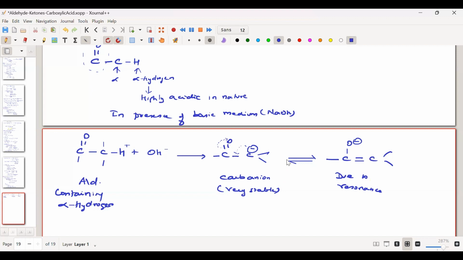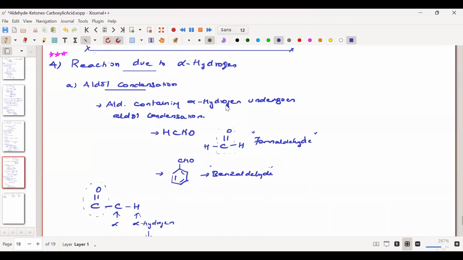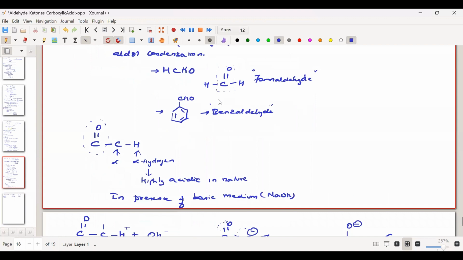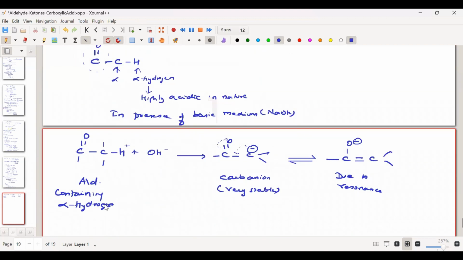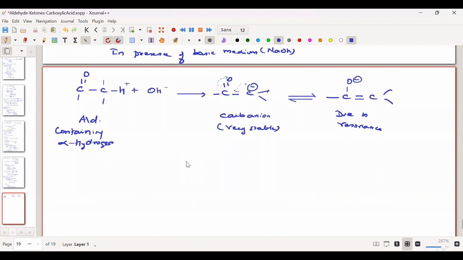We have not got into the reaction yet. I'm explaining why we require alpha hydrogen and what is going to happen in the first step. For aldol condensation, I need 2 units of the same aldehyde. So now I'm taking CH3CHO, acetaldehyde.